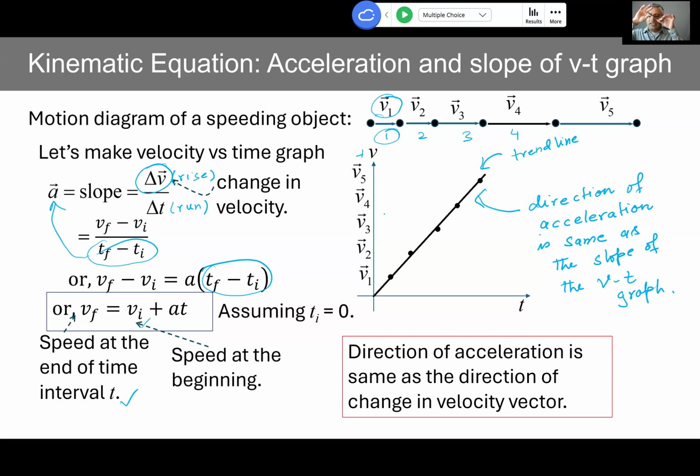Uphill has a positive slope, and downhill has a negative slope. So even without doing calculation, you can tell whether the slope is positive or negative. Uphill, positive slope. Downhill, negative slope, assuming we say up is positive.